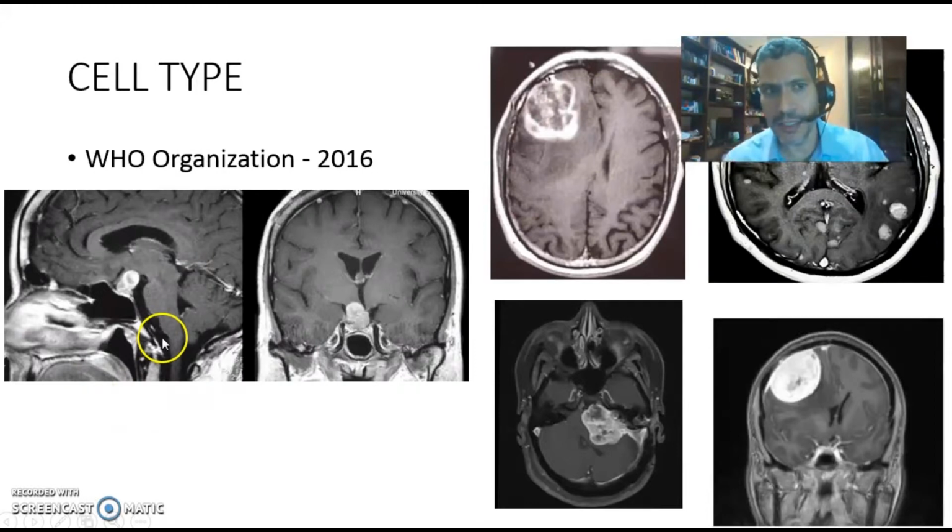Tumors can also be classified according to the cell type, and this would depend on the cell of origin. Examples would be glial cells with gliomas originating from them, as you can see here. We can have pituitary cells with pituitary adenomas arising from them, Schwann cells with schwannomas arising from them, meningeal cells with meningiomas arising from them. We can have metastatic lesions, which are lesions that are spread from outside the brain, so the cell of origin is actually a foreign cell from outside the brain, such as breast or lung cancer.